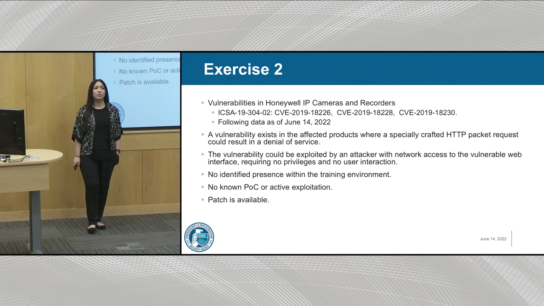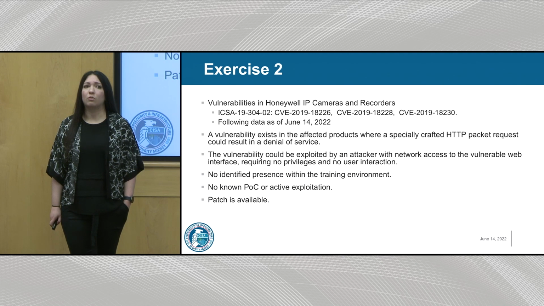Exercise 2 concerns vulnerabilities in Honeywell IP cameras and recorders. There are 3 CVE-IDs associated with this entry, and it falls under ICSA-19-304-02. ICSA is an Industrial Control Systems Advisory published by CISA.